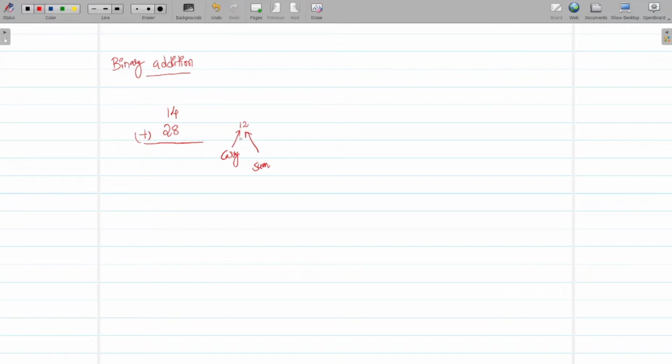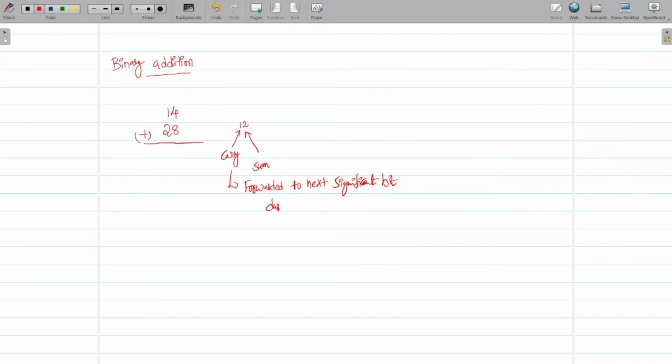Why are we giving the name carry bit to this 1? Because a carry bit is a bit which is forwarded to the next significant bit during addition.